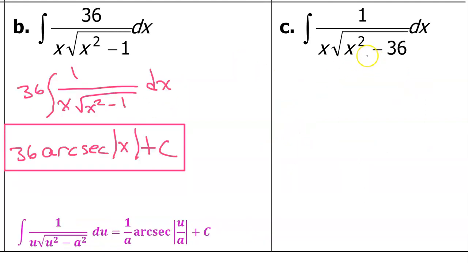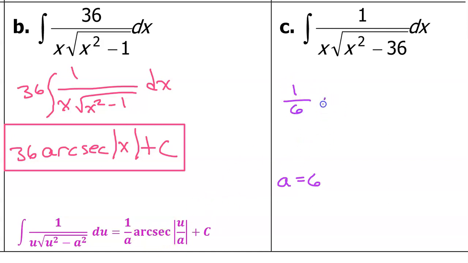For part C, we see that the 36 is now the constant of the denominator. That tells us that the a value is going to be 6. It is the square root of the constant. So we can still use the rule, which is a perfect match. We just need to put 1 over a in the front. So now we have 1 over 6.